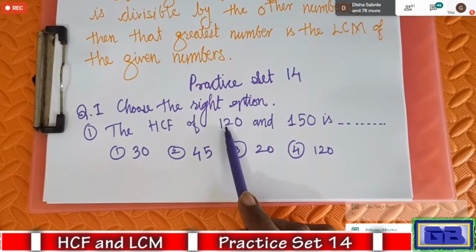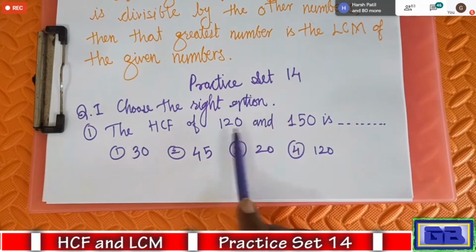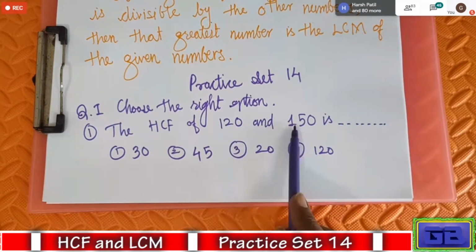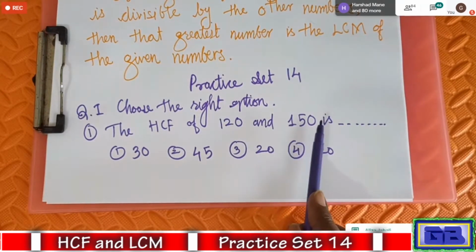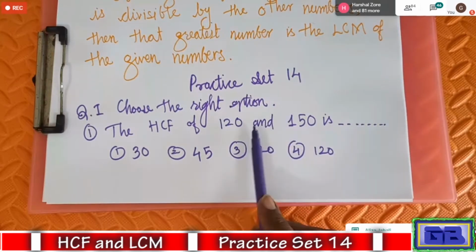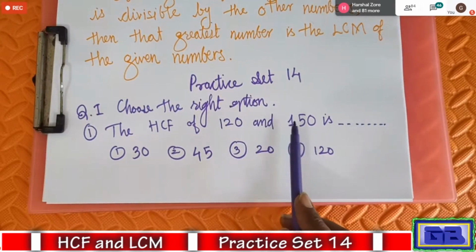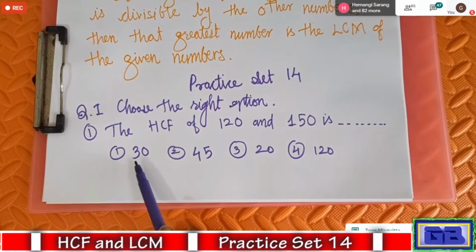If we take 12 and 15, the common factor is 3. 3 fours are 12, 3 fives are 15. So 3 is common. So 10 is common and 3 is common. These two numbers, if we multiply, 10 threes are 30. Therefore 30, first option, is the correct answer.